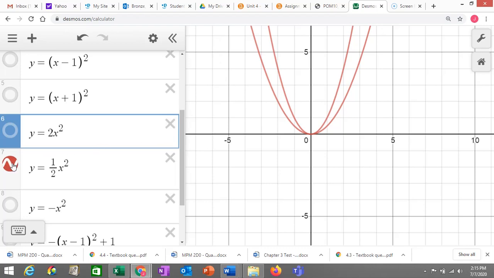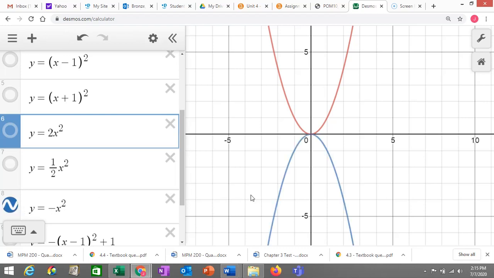All right, what if our a value is negative? Okay, so then the graph flips over. So we call this a reflection in the x-axis, because the x-axis kind of acts like a mirror. So it's like a mirror image on this side. So to summarize, right, a negative a value will reflect the graph. A positive a value that is bigger than 1 will stretch it.